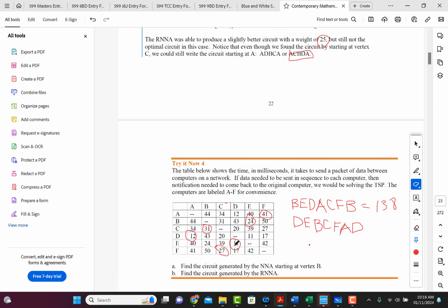So we went from D to E, E to B, B to C, C to F, F to A, and then A to D. Okay, so what do we get with that one?